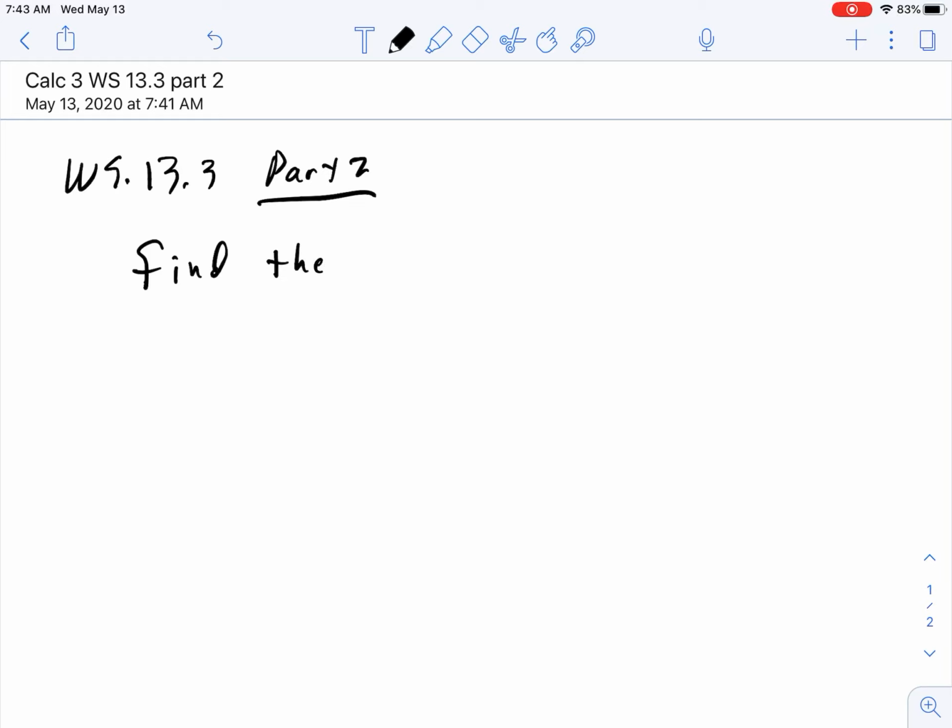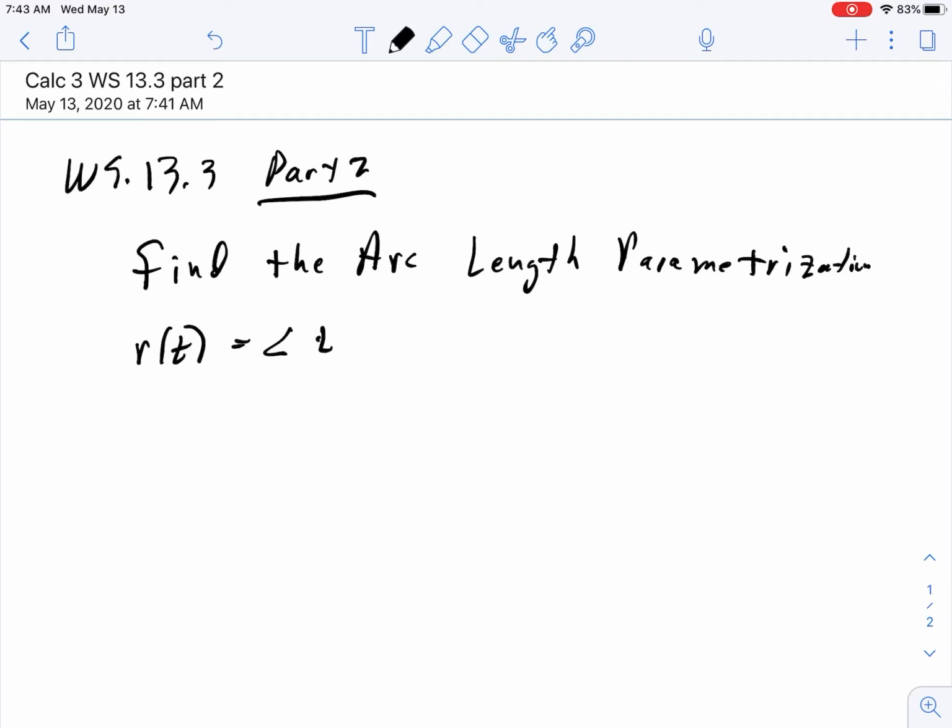So, again, what we're doing here is find the arc length parametrization. Okay, so basically take an equation, r(t) = t squared, 5, 1, and we'll say t is greater than or equal to 0, and basically converting this in terms of time into a distance.